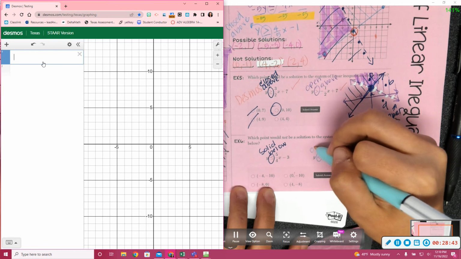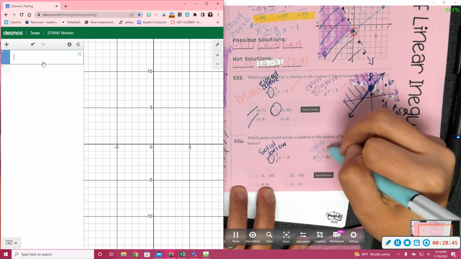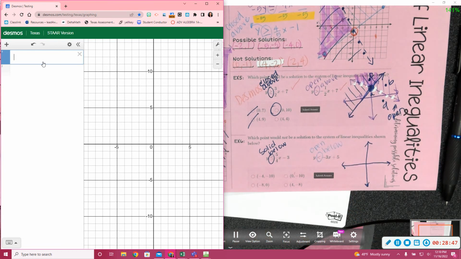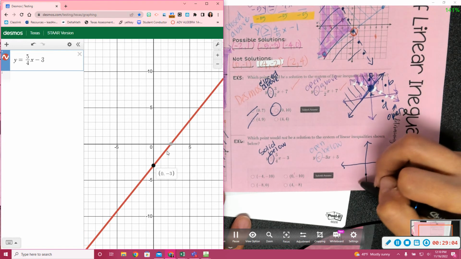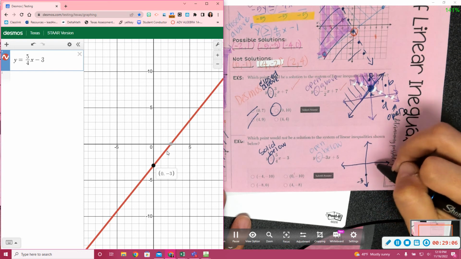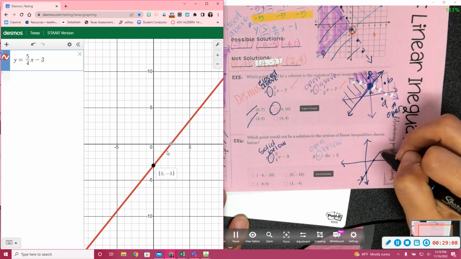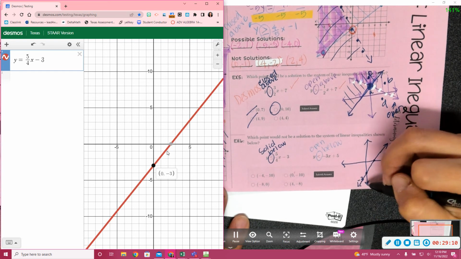This is open below. y equals 5/4 x minus 3. So it's about negative 3 down here, and then something up there. And it is solid, and we're shading below.